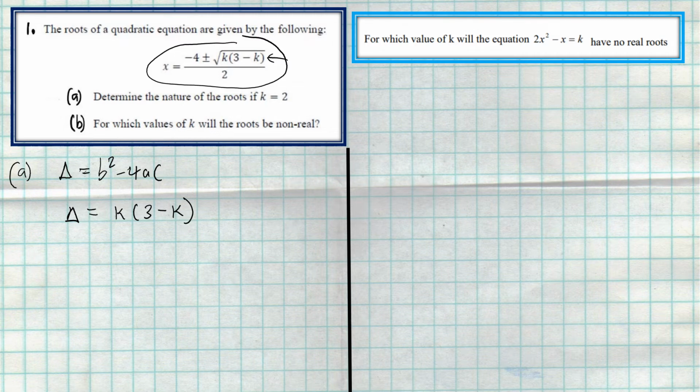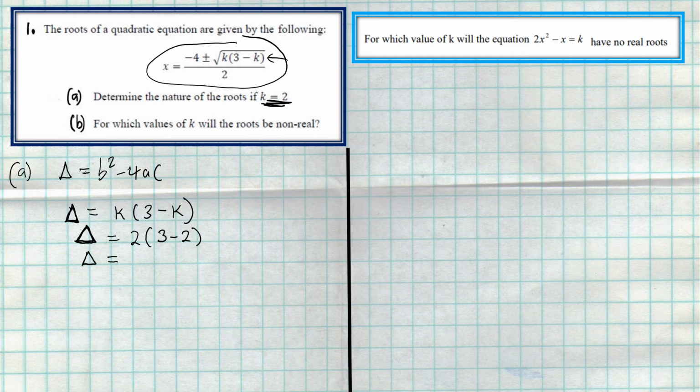Now if k is equal to 2, where there is k I'm just going to put 2 and solve for our delta.